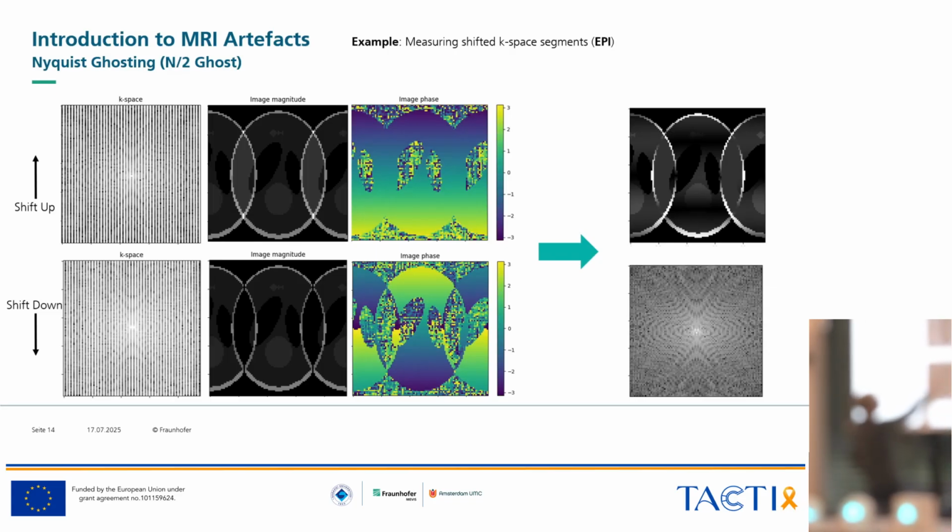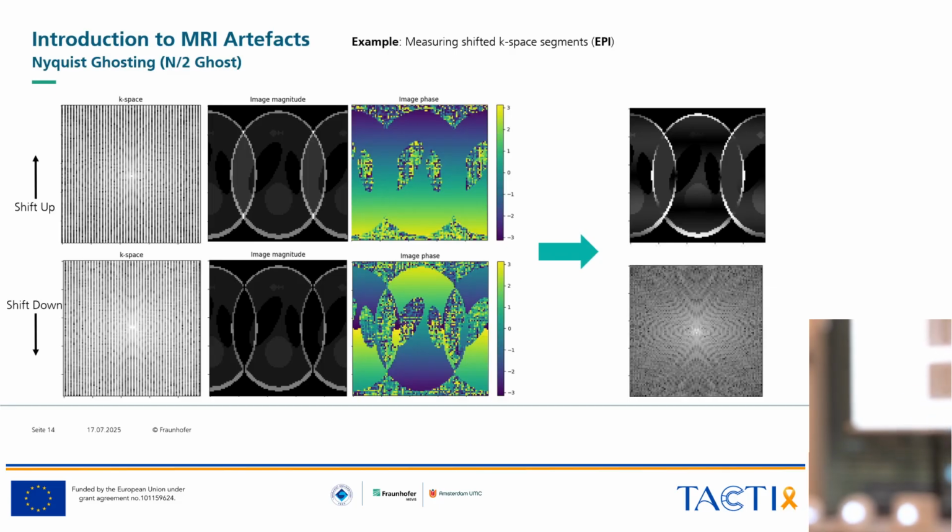Now from the magnitude images, those look quite similar. But if you look at the phase images, you see that there's a linear variation of the phase of those ghosts. And this linear variation is not the same for this even ghost and this odd ghost. So if you add both together, you will get some quite strange modulation of your ghost images and of the main image too, because that also has this phase modulation.